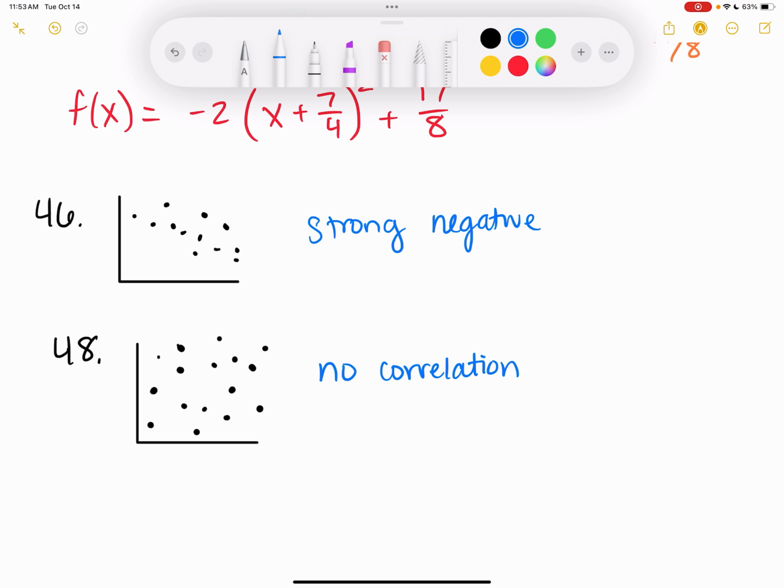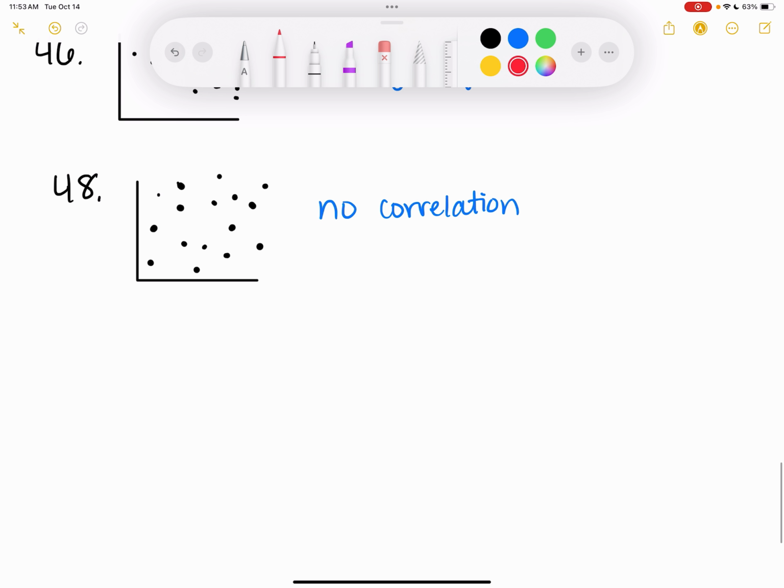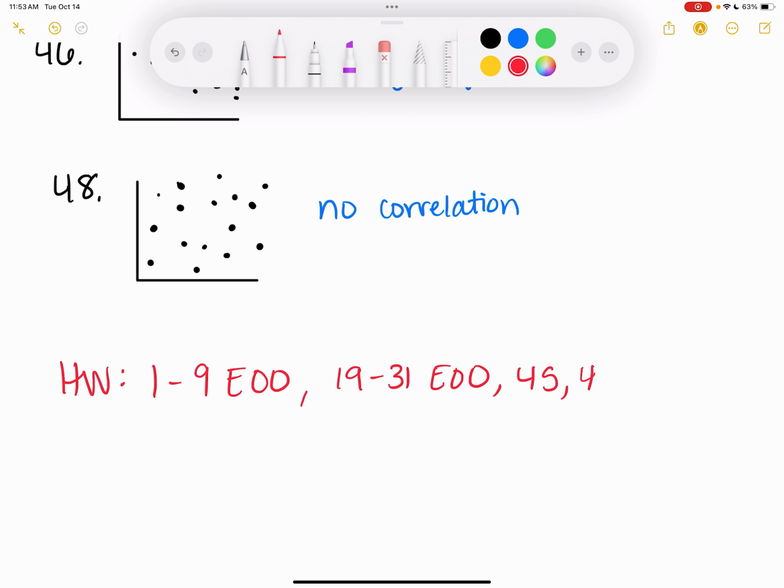All right, any questions on this? No. All right, your problems are 1 through 9, every other odd, 19 through 31, every other odd, and then 45, 47, and 49.